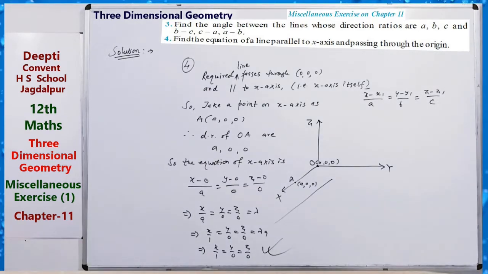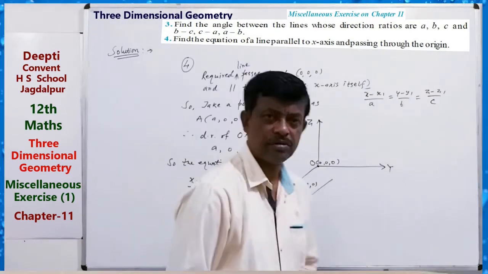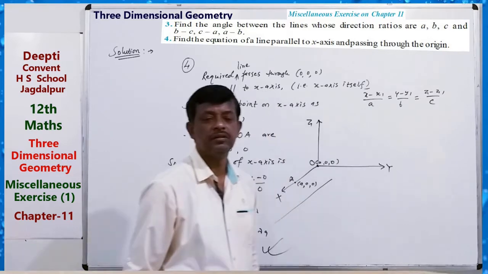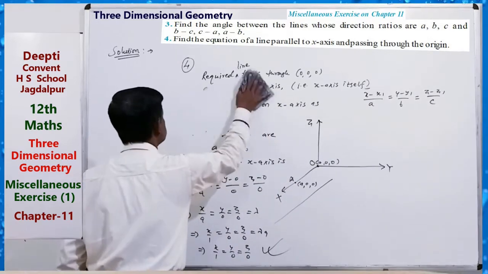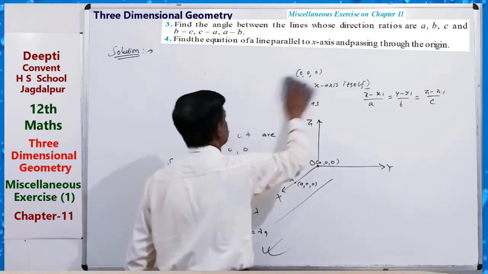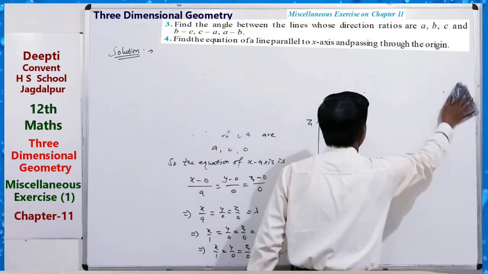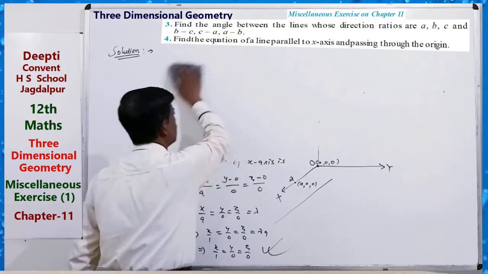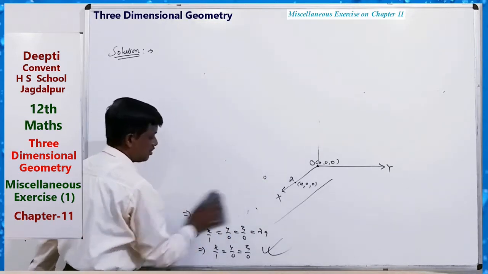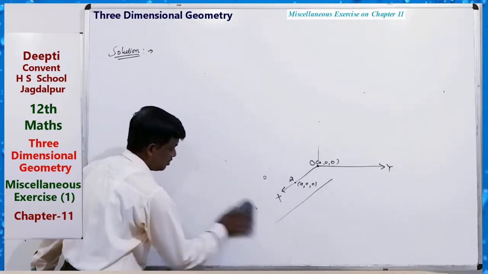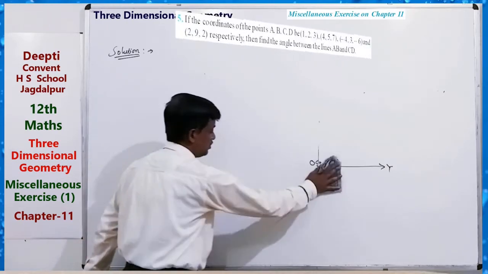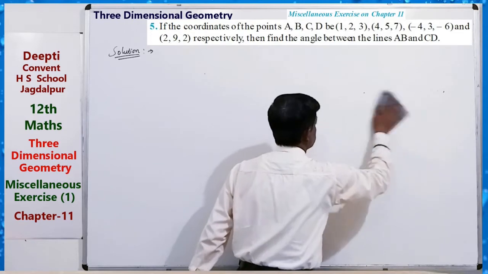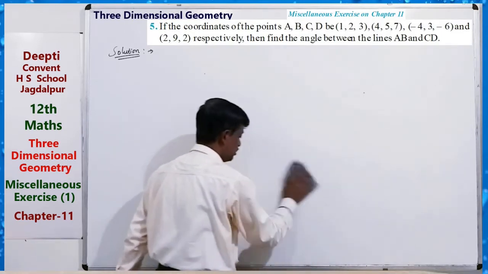Simple questions, because we just have to find the angle between two lines, and one line is given by joining 2 points out of 4 points, and the other line is given by joining the remaining 2 points.